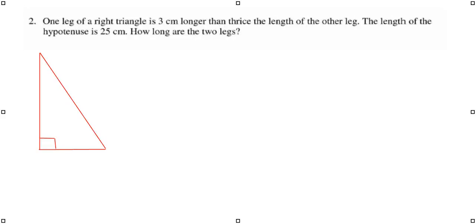Now, here we have a Pythagorean Theorem problem, and you might recall that we said if this were side A and this was side B, and the side opposite the right angle, side C, which is often called the hypotenuse, that if we squared side A and added to the square of side B, that would equal the square of side C. This is the Pythagorean Theorem.